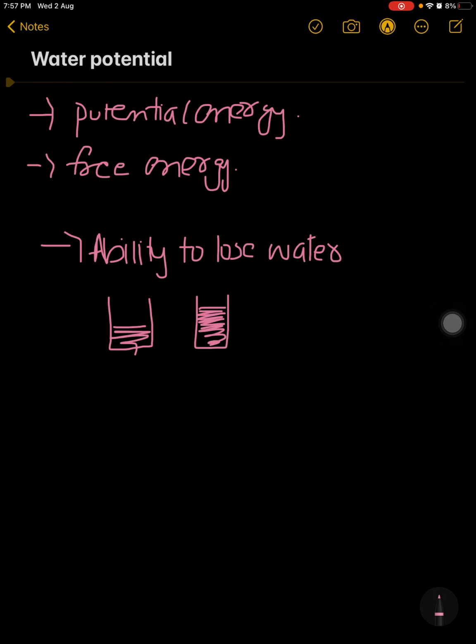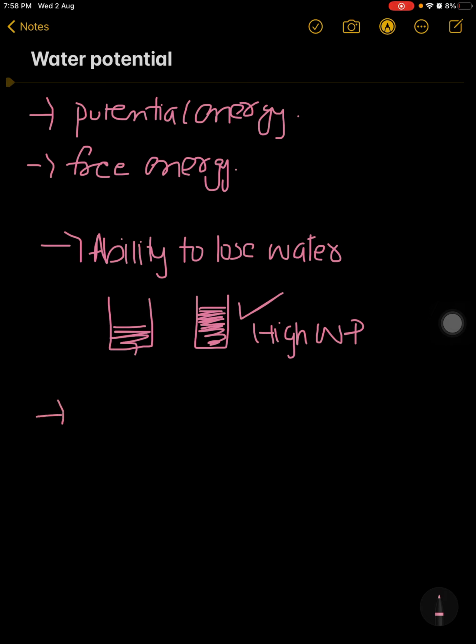Obviously the glass which is fully filled has the ability to lose a lot of water. So this glass has high water potential because it has a greater ability to lose water. Any water which can lose a lot of water has high water potential, right?